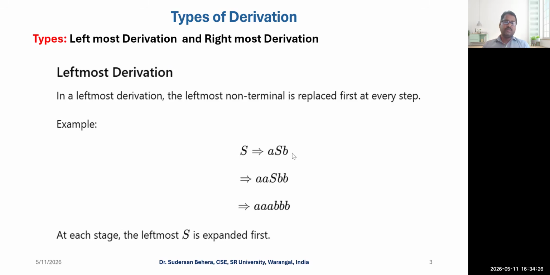What is leftmost derivation? In a leftmost derivation, the leftmost non-terminal is replaced every time. Remember what I'm saying: in the derivation process, we look at the non-terminal in the right hand side of the production, not the left side.